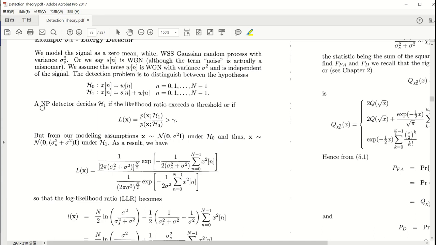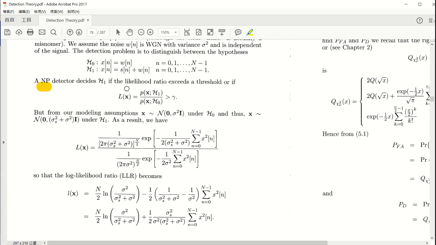Then the Neyman-Pearson detector, NP detector, decides H1 if the likelihood ratio exceeds the threshold. So the likelihood ratio is again what we are going to use. The concept of likelihood ratio has been adopted in our problem many times.